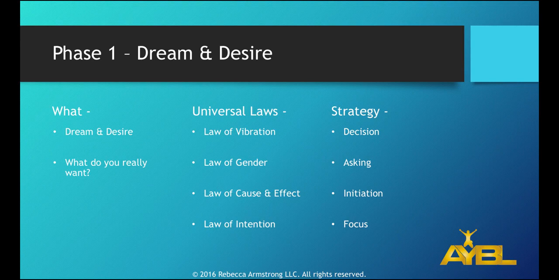The law of vibration, if you're not familiar with it, states that everything vibrates, everything oscillates around a central point. Now, in the universe, an infinite universe, there is no beginning and there is no end. So what is the centralized point? Well, the centralized point in the universe that you are living in is you.